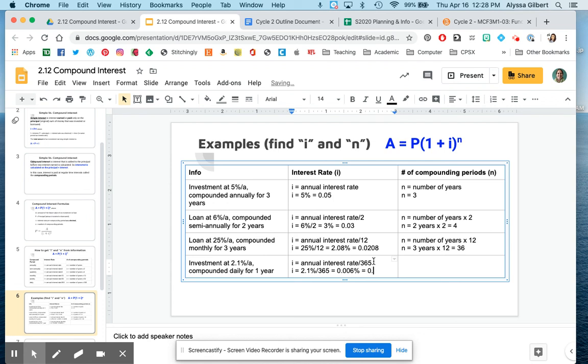So 0.00006, and that's what you would put in for I, because remember, we have to convert the percent to a decimal.